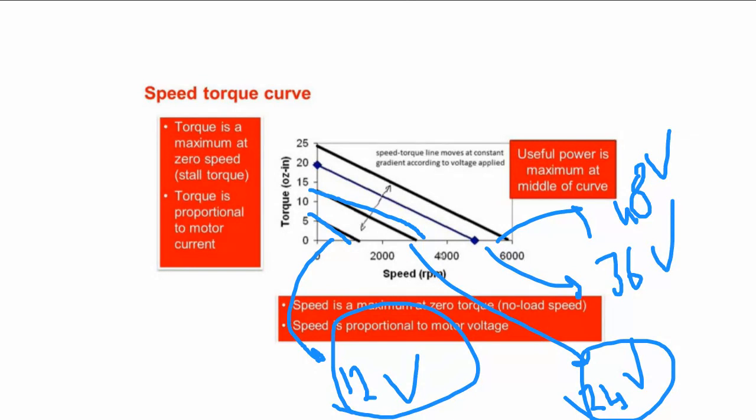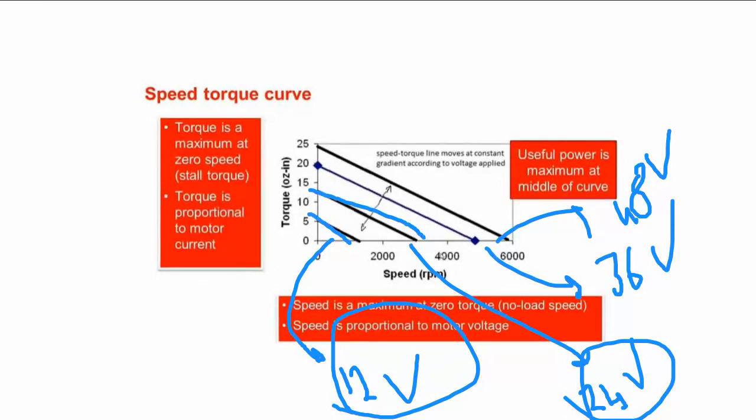Okay, so anyway, you go back and forth between these two endpoints. And notice, of course, that if you are talking about the useful power, like you can see on the right side of your screen, which is what we really want for driving a load.